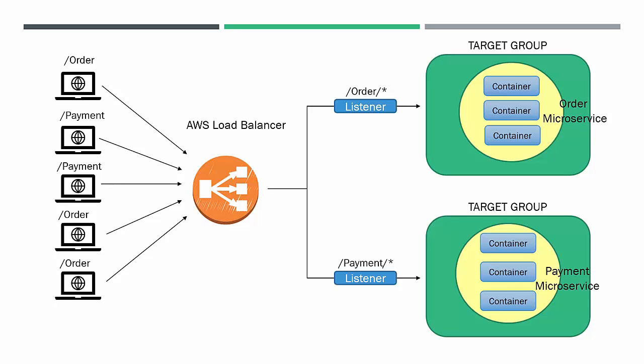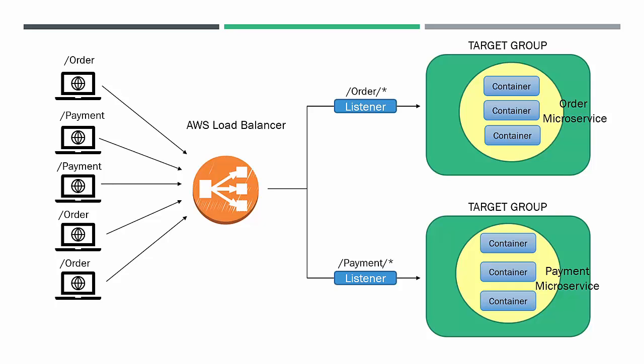All these requests are going to the AWS load balancer, and the load balancer has rules listening on different paths on your URL. So if we add a listener for the order path, it will go to a target group where you have a set of containers. Containers are the Dockers that we build.